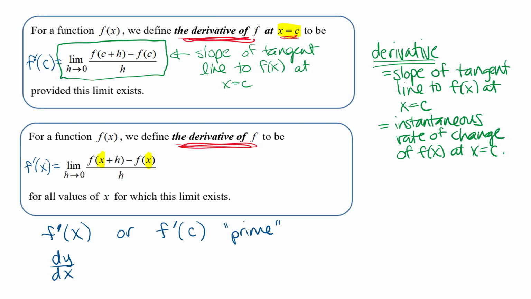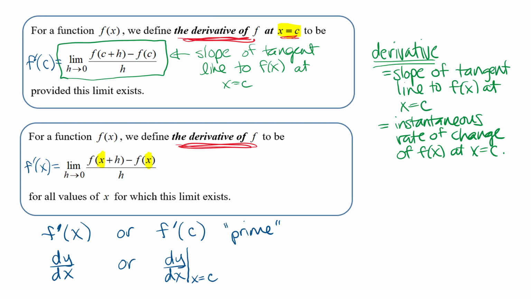And that would be a symbol that we would use for a generic derivative at any value of x, or if we're interested in that at a specific point, we might write dy dx, and then we might write evaluated at x equals c.